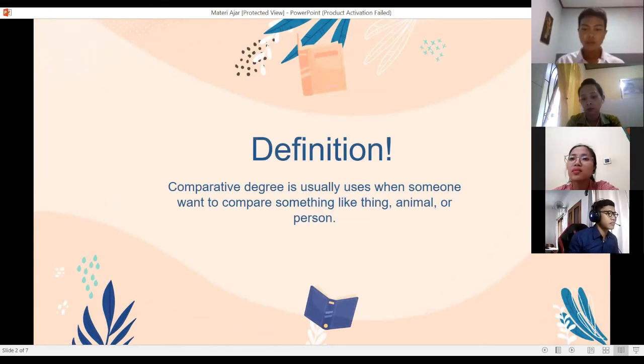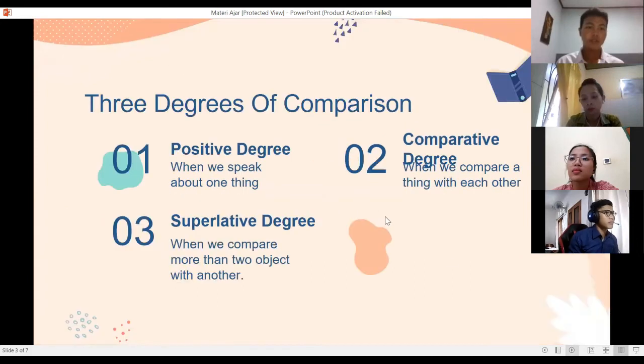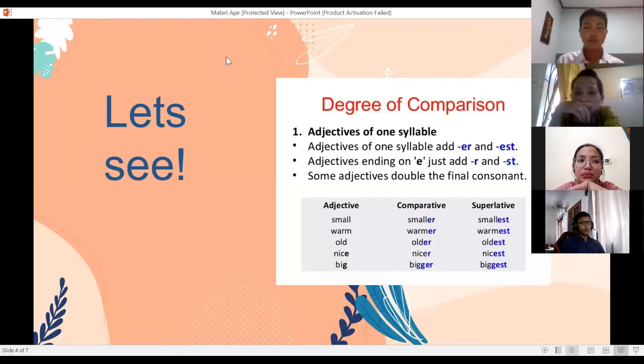And I have the formula for that definition. There are 3 degrees of comparison. One is positive degree, when we speak about one thing. The other is comparative degree, when we want to compare a thing with another. And the third is superlative degree, when we compare more than 2 objects. So this is the formula of the degree of comparison in adjectives of one syllable.